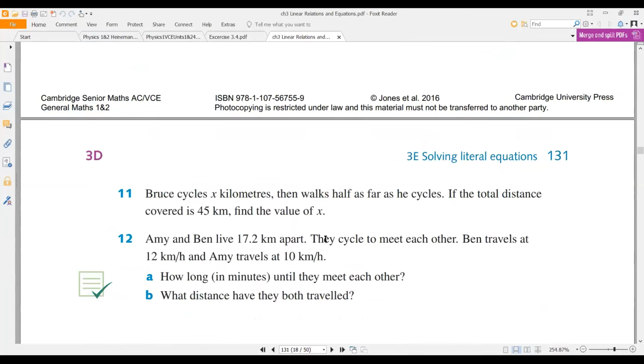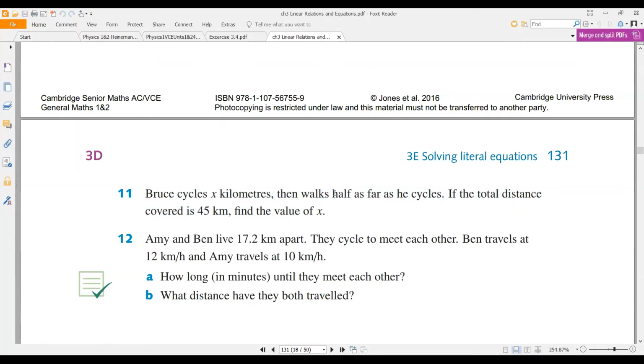The last question that I showed you is similar to Bruce here in question 11. Bruce cycles X kilometers, then walks half as far as he cycled.